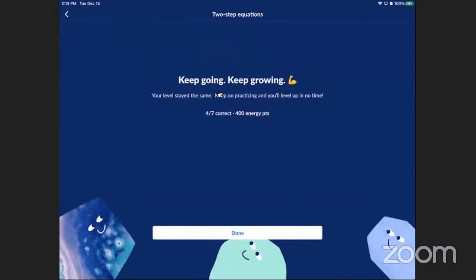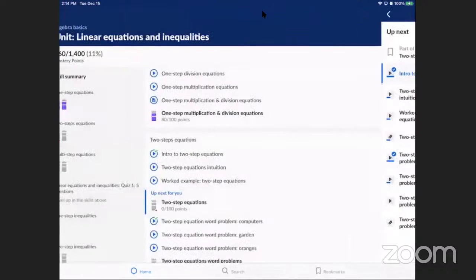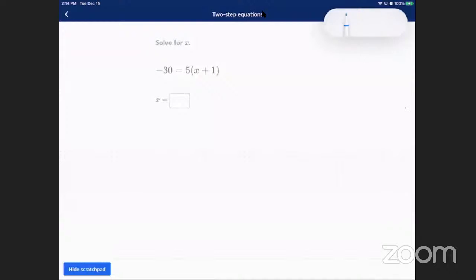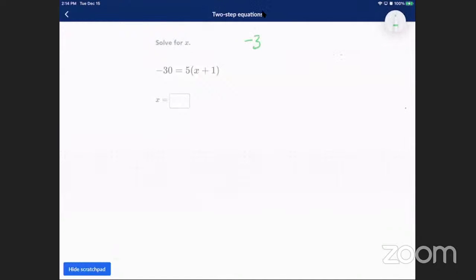Okay, so I think I just spent a little bit too long on that, but I'm going to try to do that one more time to get the numbers right without talking. All right, so we have -30 equals 5 times (x plus 1). This would be 5x plus 5, right?